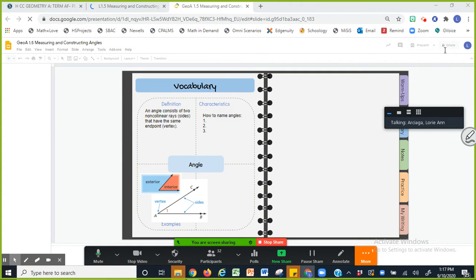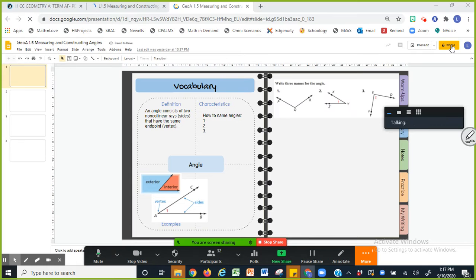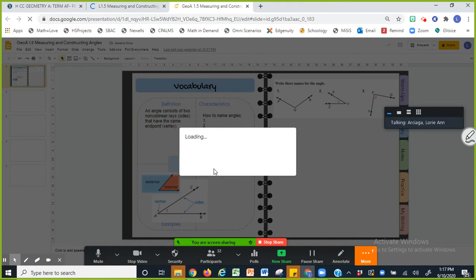I'm just waiting for the share button to activate. Okay, share. You could finish a song waiting for this one. Okay, come on.